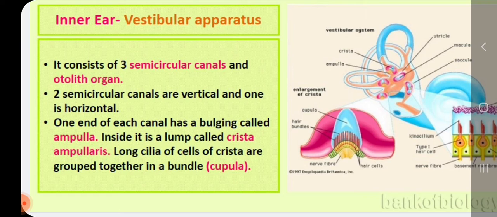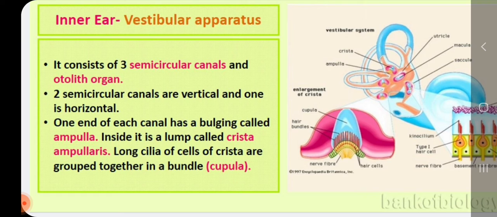Okay, so here each semicircular canal is going to lie in a different plane. Each semicircular canal is arranged in different planes at right angles to each other. Means all these three semicircular canals form 90 degrees with each other.